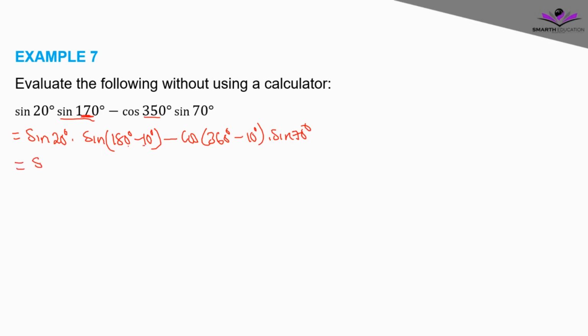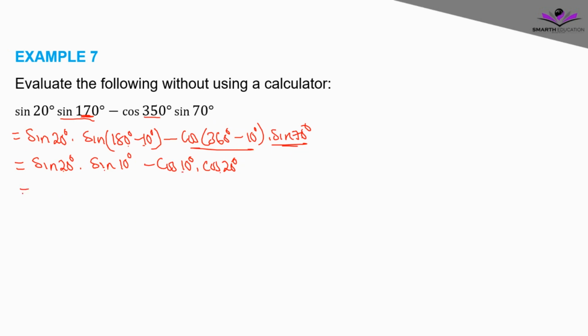And then we have sin 20°, then this reduces to sin 10°, this reduces to cos 10°, and then sin 70°. How can we make this one 20°? We use complementary angles. So this is cos 20°. So now we have sin 20° sin 10° minus cos 10° cos 20°.